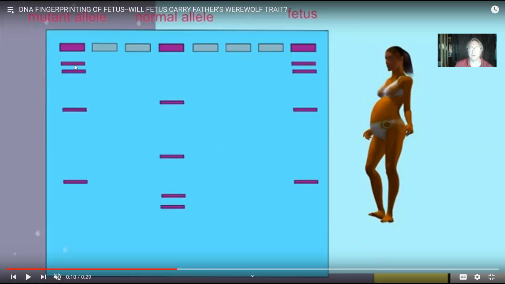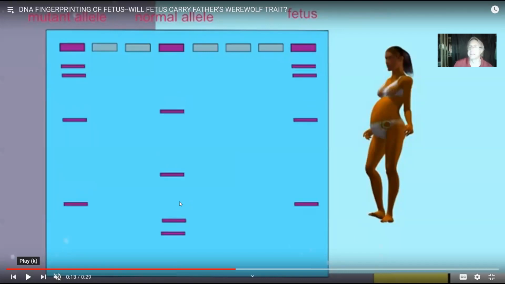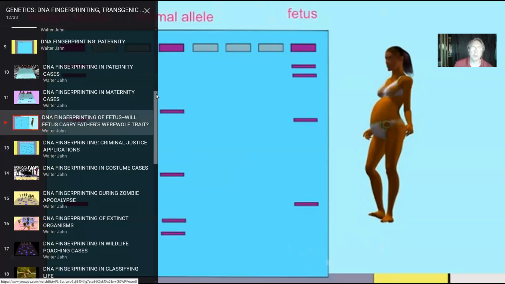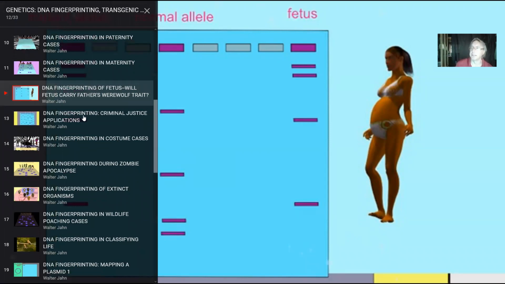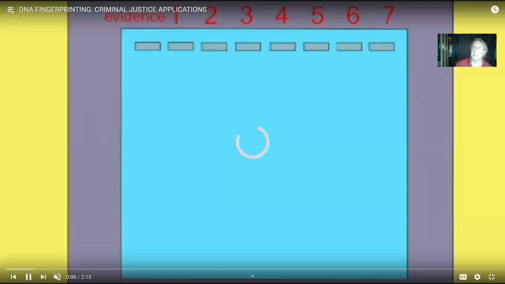Here are the mutant alleles, here are the normal alleles, and then you could do a test of the fetus, then one could determine whether the fetus was going to express a trait or be a carrier for a trait, etc. This is obviously a silly example, but there are a number of disorders which are quite serious. Some will cause serious disease in an infant when born. Some will ultimately cause an infant or a child's death.